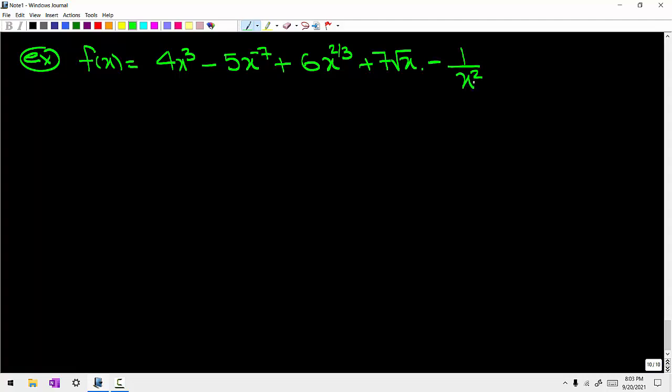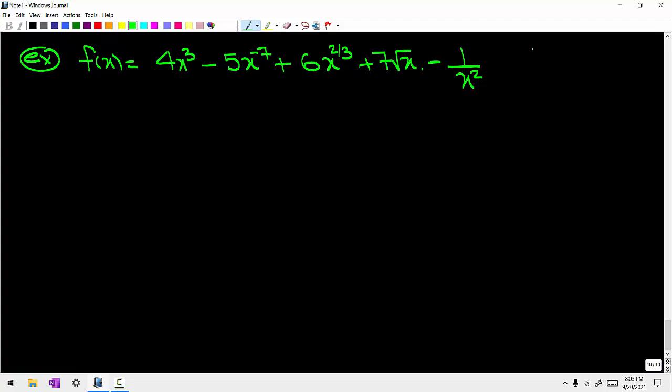Let's say they give us f of x is equal to 4x cubed minus 5x to the minus 7 plus 6x raised to 2/3 plus 7 square root of x. Let's throw in one more, minus 1 over x squared.